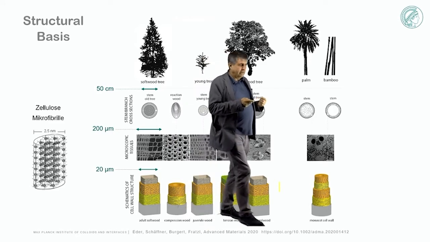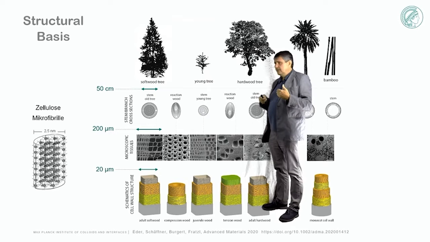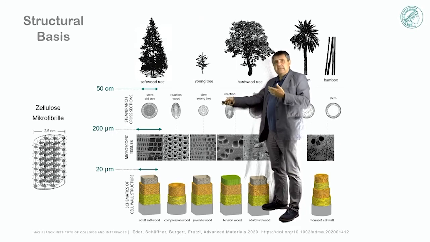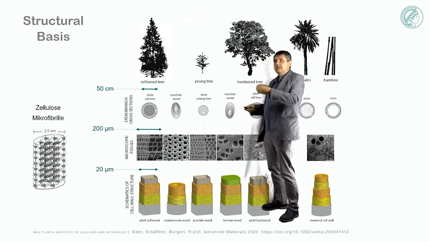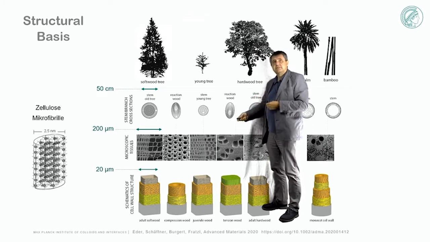How can we understand this in terms of structure? Wood is a hierarchically structured material from the scale of centimeters that defines, for example, the diameter of the stem, down to smaller scales where you can see individual fibers, individual cells, hollow tubes basically, that have different shapes, different sizes, different arrangements.